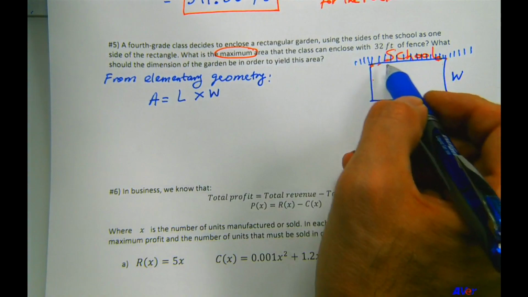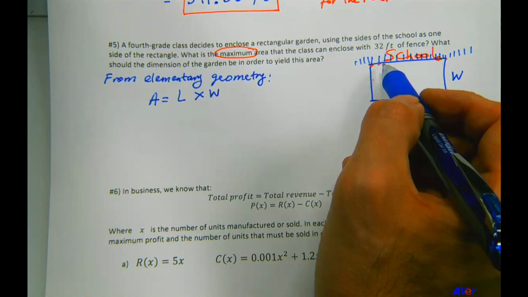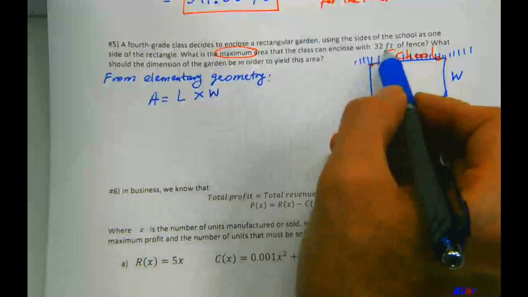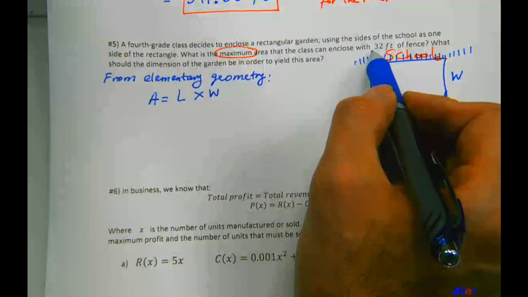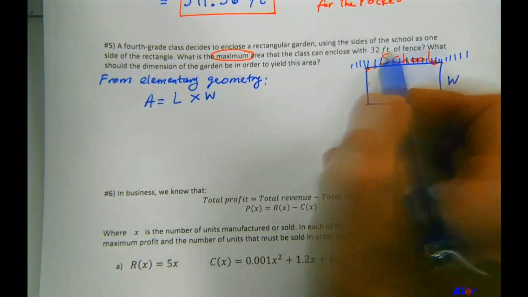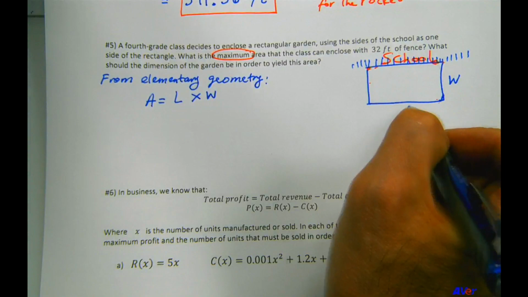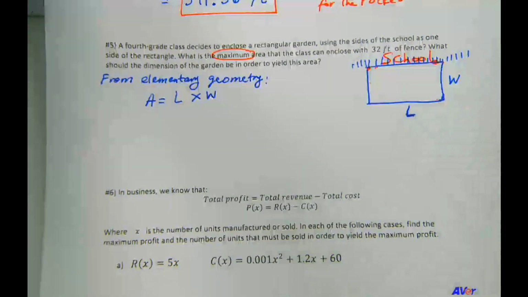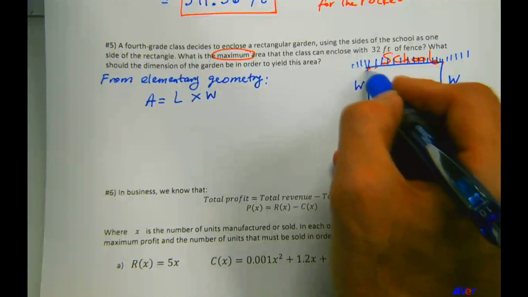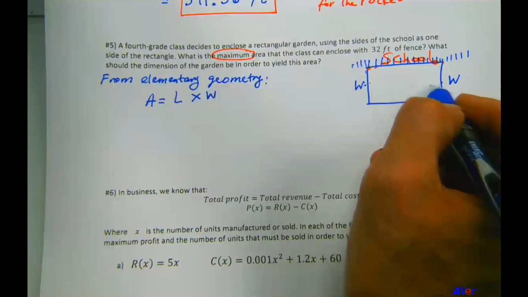Then we are told that the fencing material that is available for us, the fencing length for the whole thing, for these 2 sides and this one, should be 32 feet. So if we know the whole thing, the W and the W, this is a rectangle.